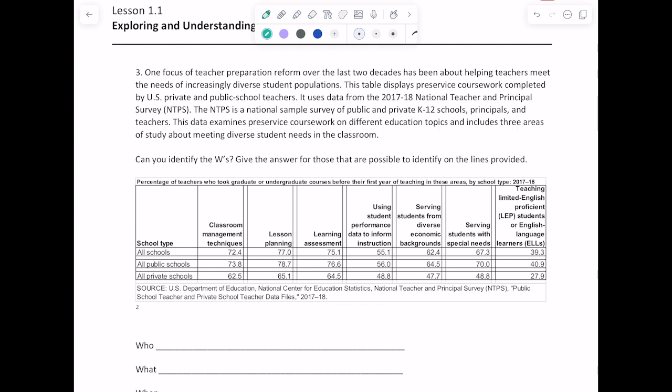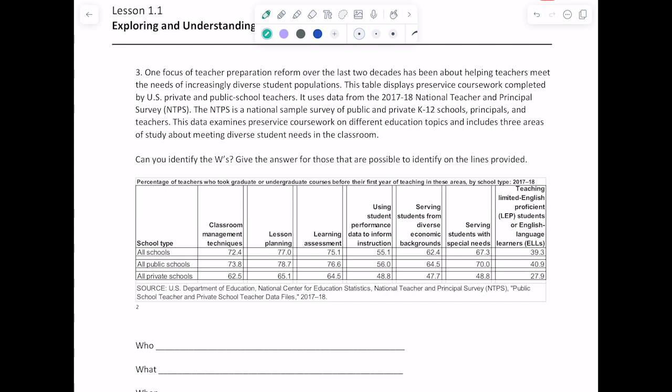One focus of teacher preparation reform over the last 2 decades has been about helping teachers meet the needs of increasingly diverse student populations. This table displays pre-service coursework completed by U.S. private and public school teachers. It uses data from the 2017-2018 National Teacher and Principal Survey, or the NTPS.